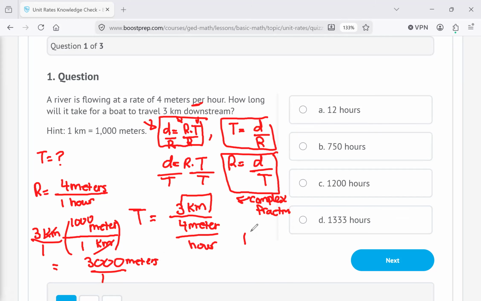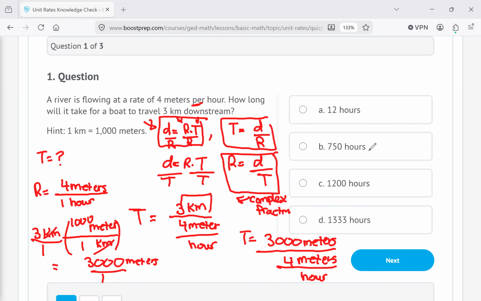So time equals 3,000 meters over 4 meters per 1 hour. It's still a bit strange. Sure, the meters will disappear, but you still have a complex fraction. Technically, some people see that the meters units disappear and you're left with hours, and they just divide 3,000 by 4.